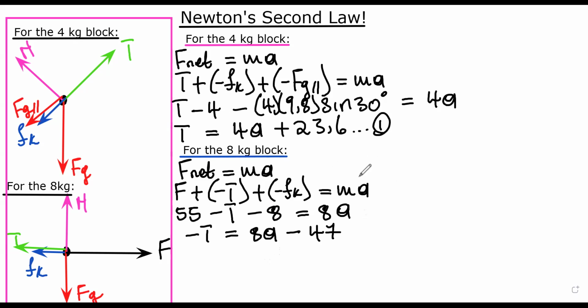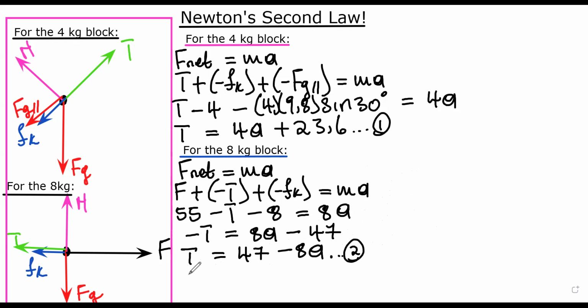So here I can decide to use either elimination or substitution. But let's say I want to use substitution. That's fine. So here I can choose to multiply this equation by -1. So I get 47 minus 8A. And I call this the second equation.